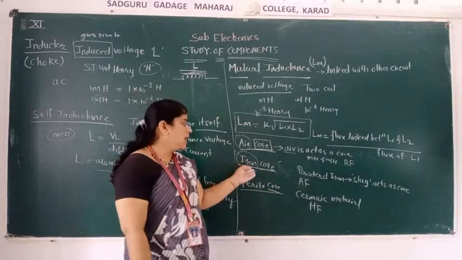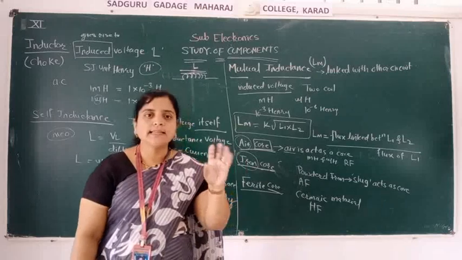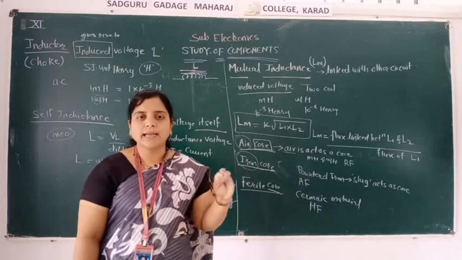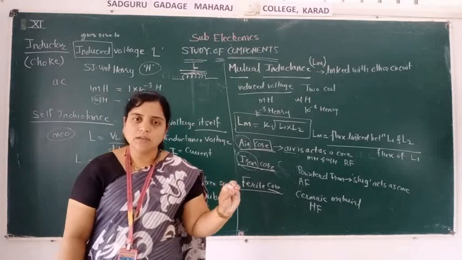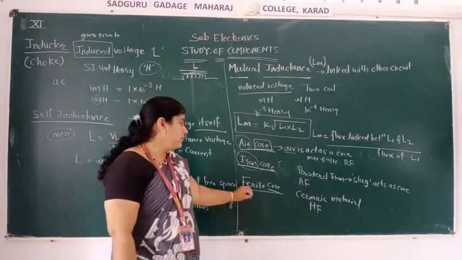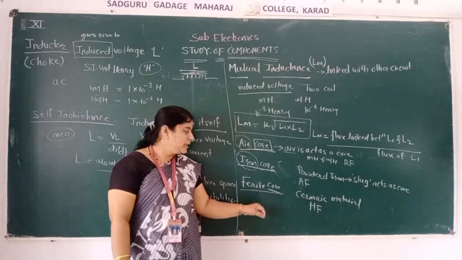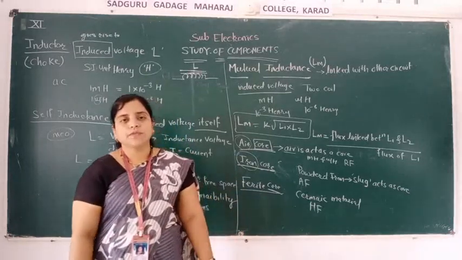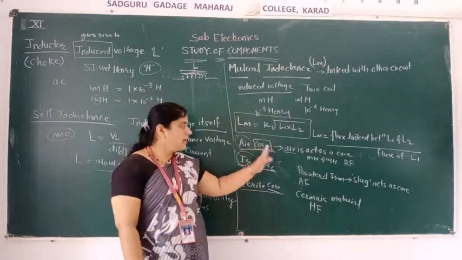In the iron core, powdered iron called a slug acts as a core and it is used in the audio frequency signal. In the ferrite core, ceramic material is used and it is used for the high frequency signal.